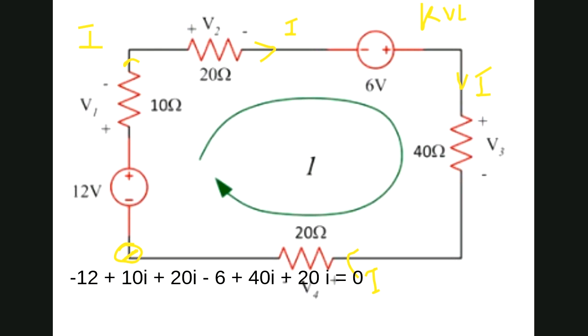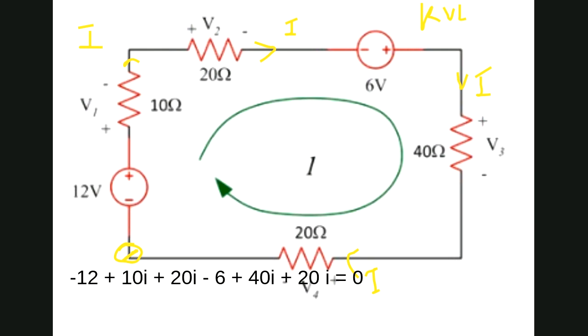Okay. So if you simplify, what will you get? I: 10 plus 20 is 30, plus 40 is 70, plus 20 is 90I. Equals to, I will take all the voltages to the opposite side.